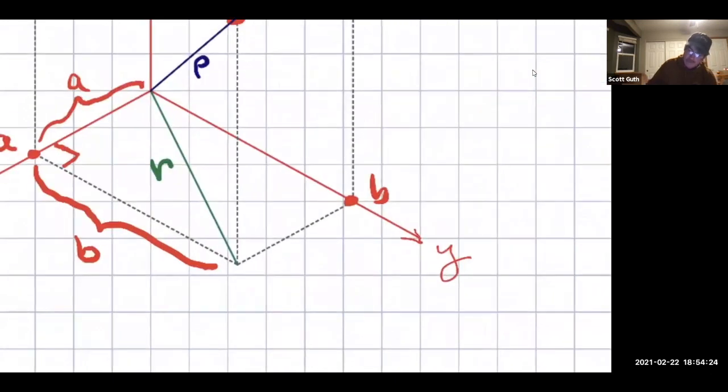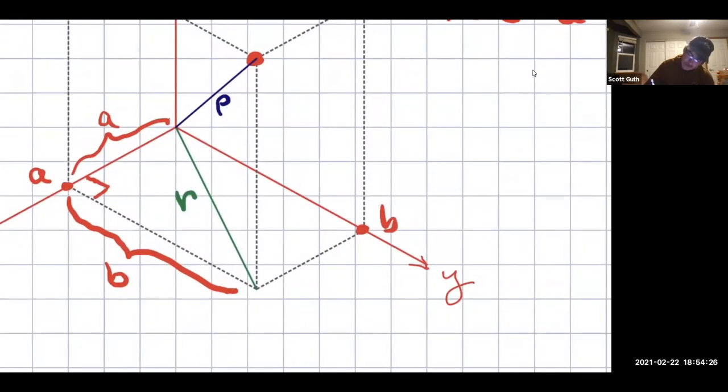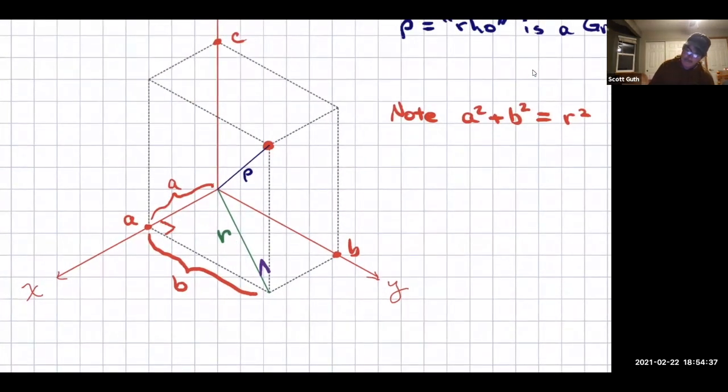The other right triangle is this guy, like this. Okay, so you see that? And so the height of that side, of course, is C.